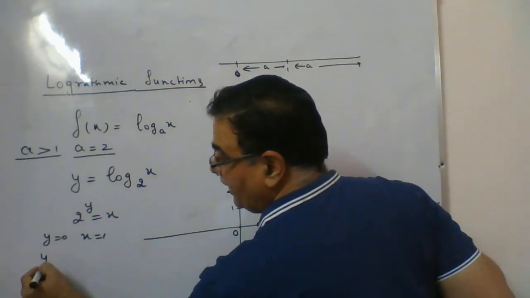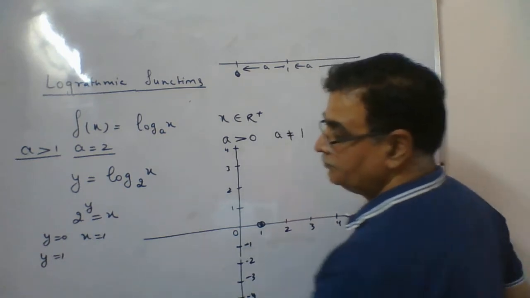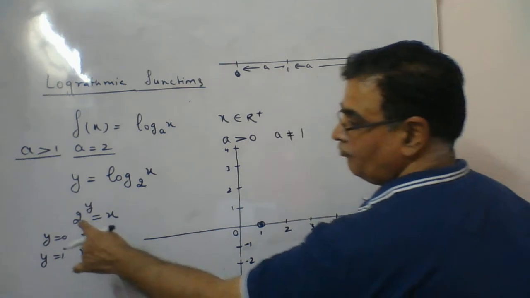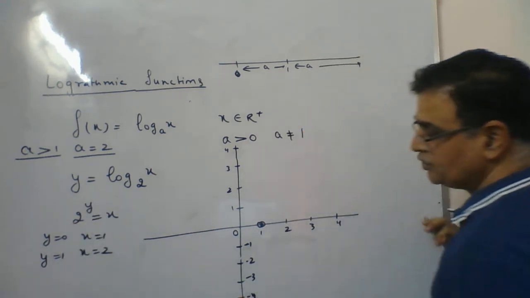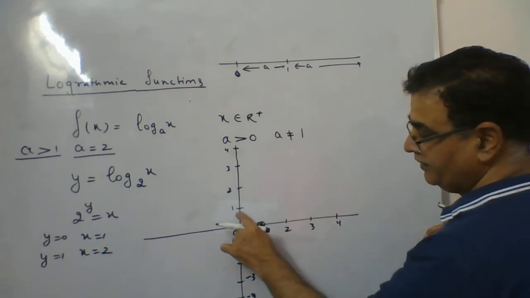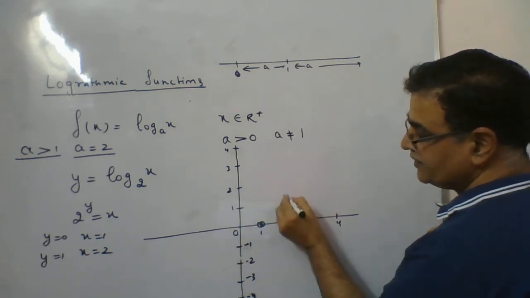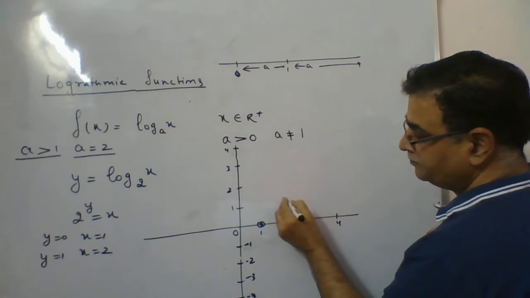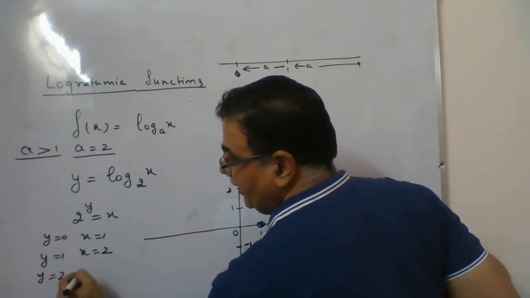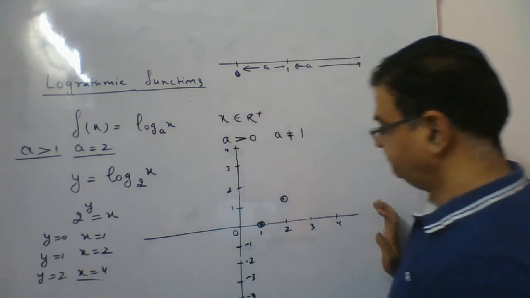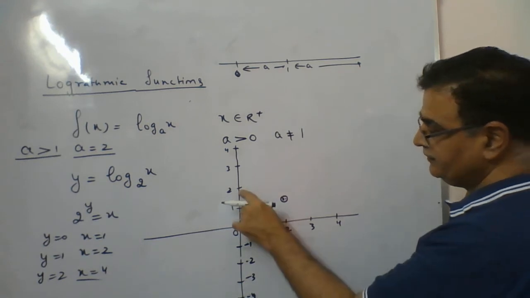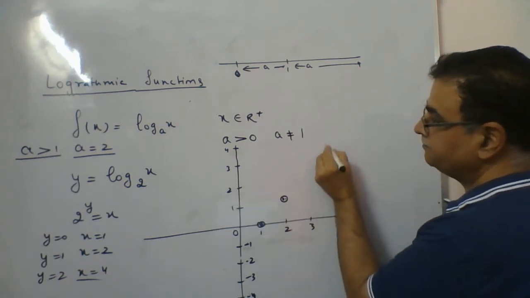Then when y is 1, x comes out to be 2, so the point is here. Then when y is 2, x comes out to be 4.